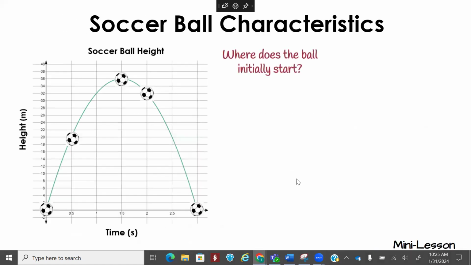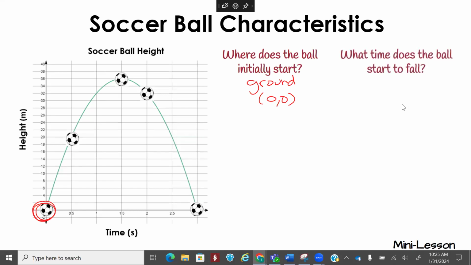Okay. On your paper, where does the ball initially start? At 0. Okay. What do we call that, in real world terms? On the ground, right? So it starts at 0, 0, but it's on the ground, right?